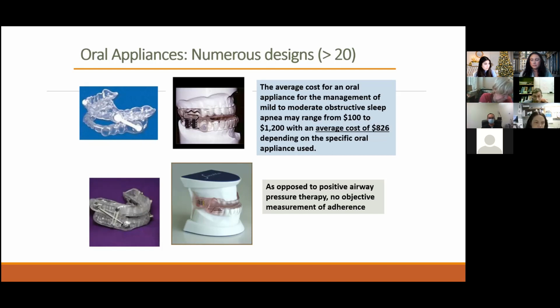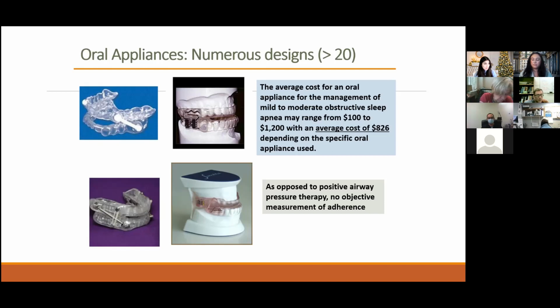Medical insurance won't cover this, dental insurance won't cover this, and oral health in West Virginia is very poor. You need to have probably about 10 good teeth for an oral appliance to work. And, unfortunately, that's not the case in a lot of patients in West Virginia.